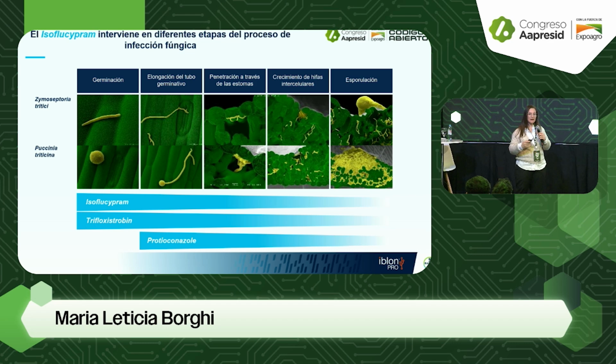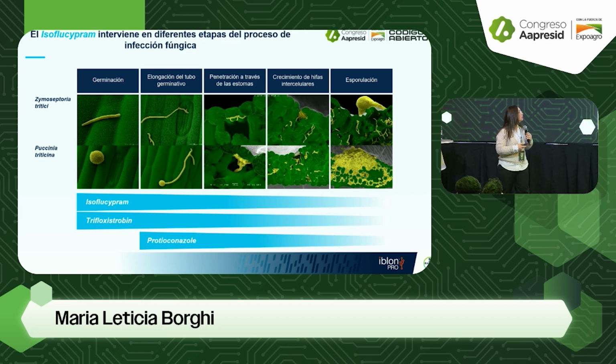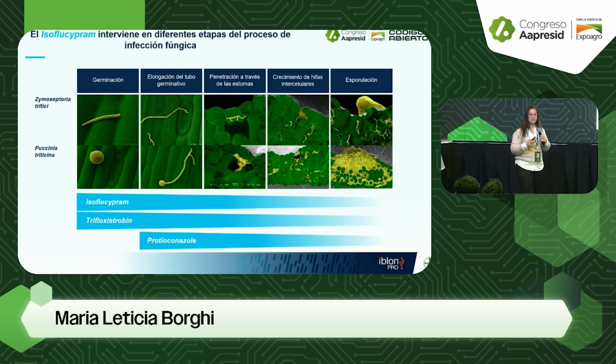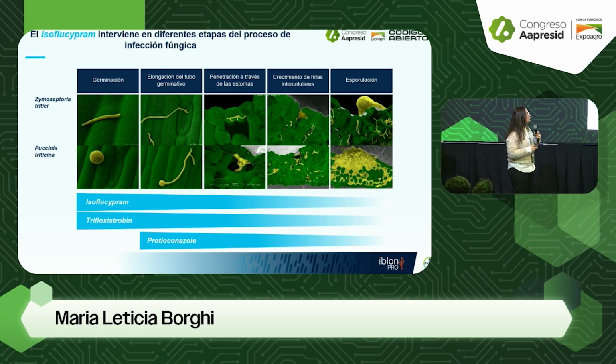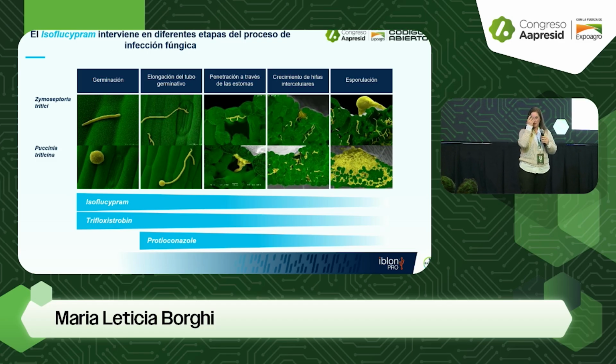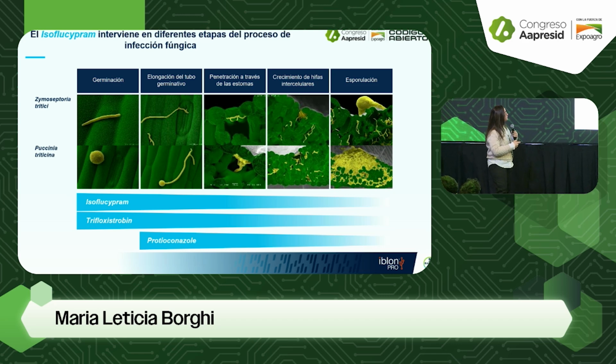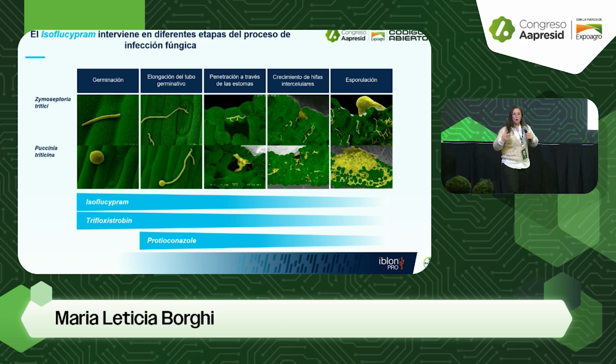Then after germination, it needs to enter the crop tissues, and therefore for that it needs to elongate the germ tube, enter stomata, grow inside plant tissues, and finally form spores, which is what we see here as the symptom. The rust spores or blotch in a wheat or barley crop, that's the symptom of disease being present, and that's because the fungi managed to complete this infection process.